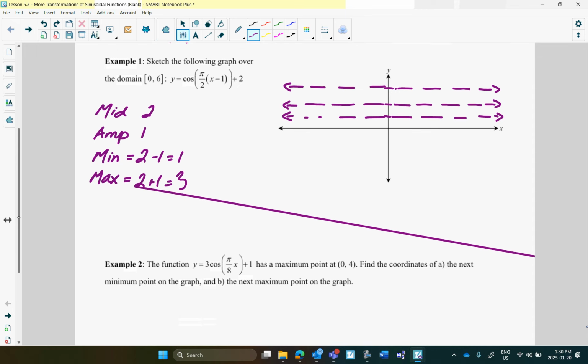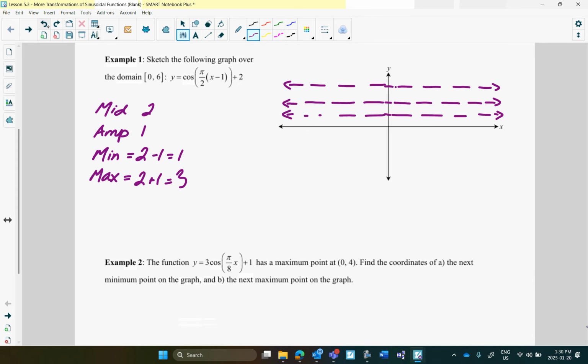Period. It's going to be 2 pi divided by b, which in this case is pi over 2. And remember, that's going to be the same as 2 pi over 1 times the reciprocal of pi over 2, which is going to work out to 4.